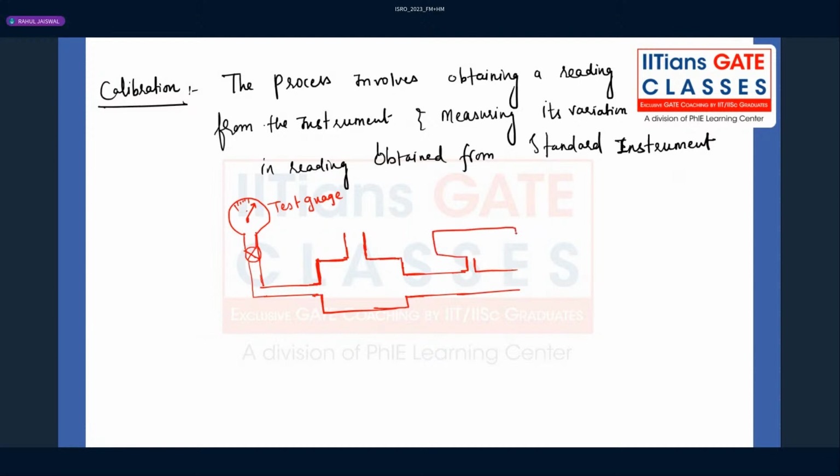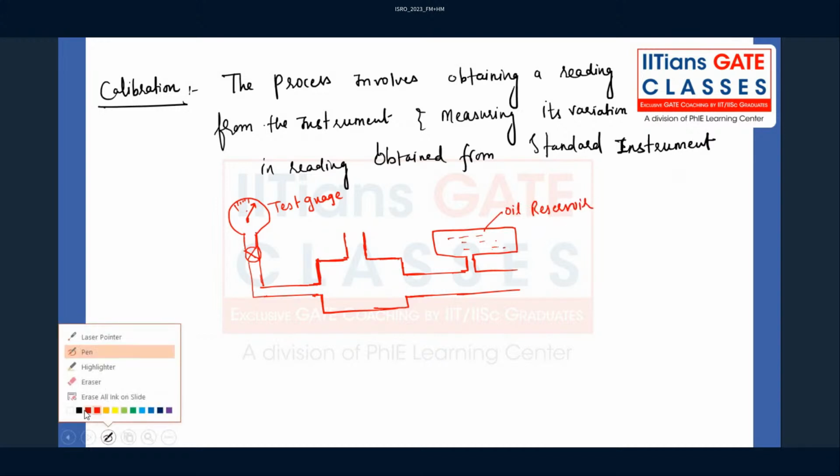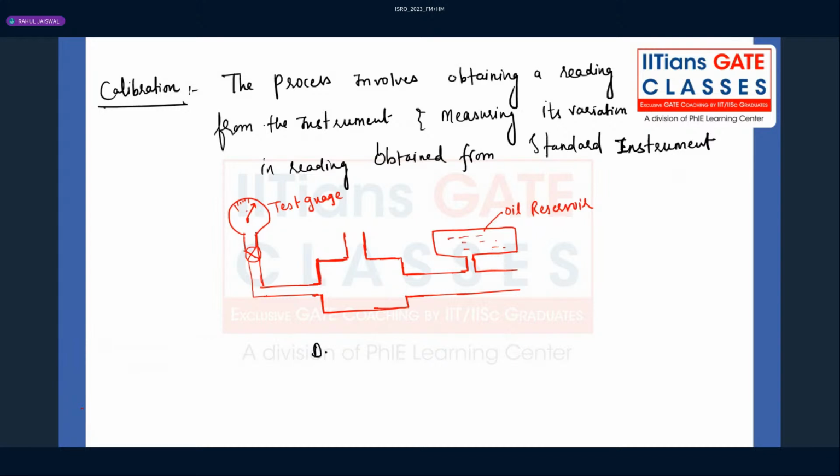Then we have the oil reservoir. Now, do not ask me, sir, why there is oil, why not water and all. That is a setup made by the person who made the deadweight pressure gauge. We call it a deadweight tester.